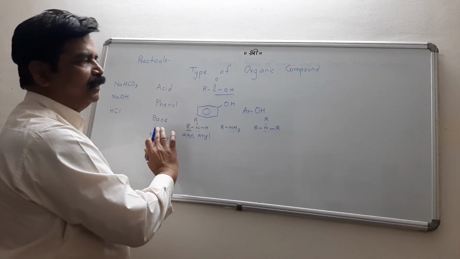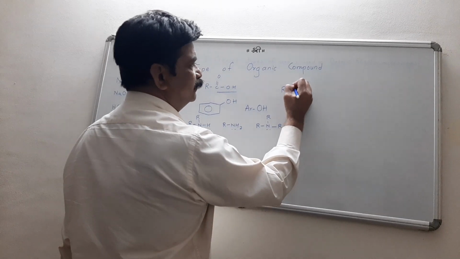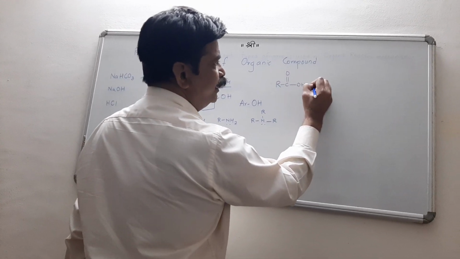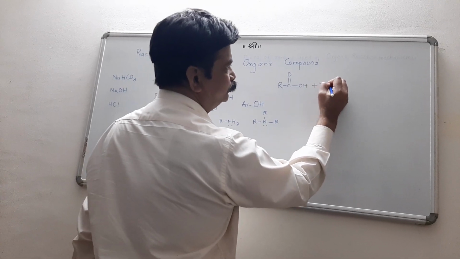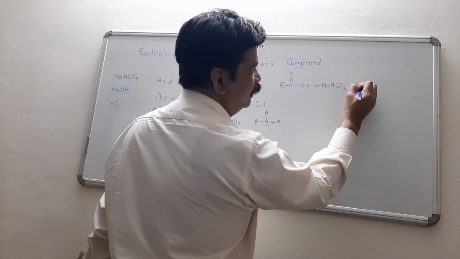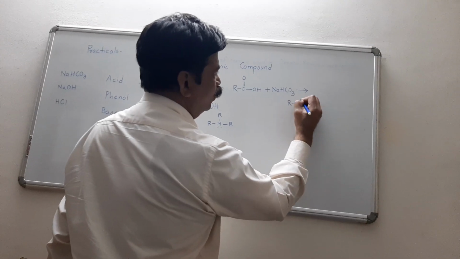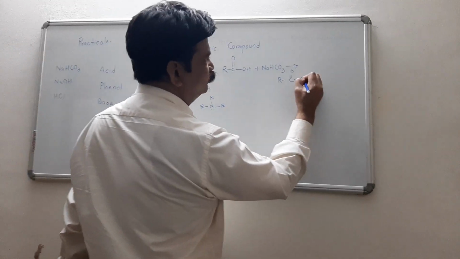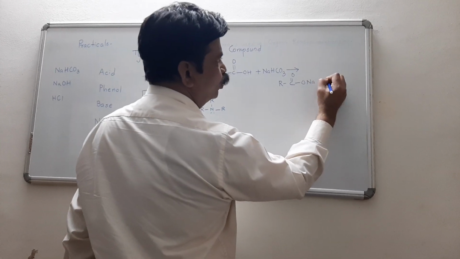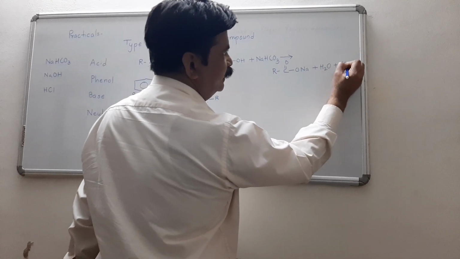For example, now when we check acid, carboxylic acid, we add to it sodium bicarbonate. When acid reacts with sodium bicarbonate, it gives RCOONa, that is sodium salt of carboxylic acid, H2O, and carbon dioxide.